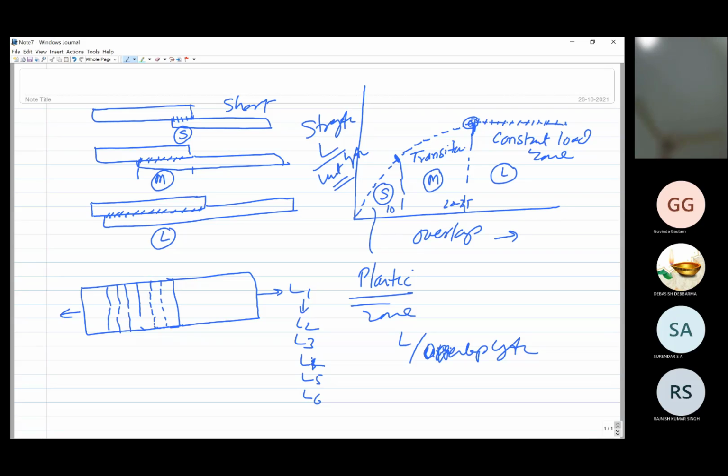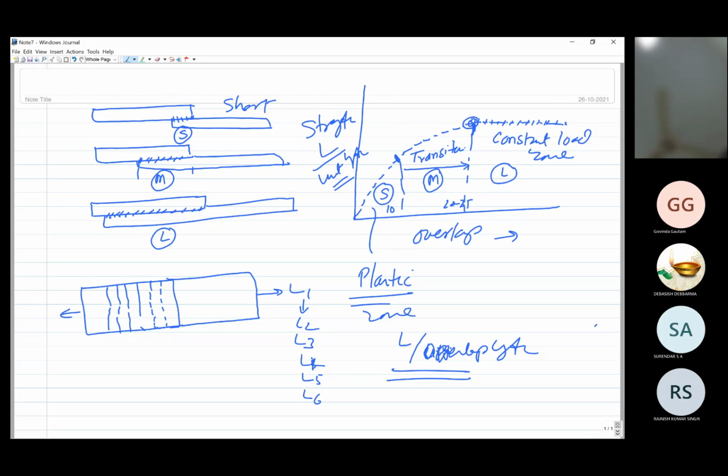It means you increase, and there is no further increase in the strength. Strength means the load divided by overlap length becomes constant. So it is preferred that the joint overlap length is given up to this transition stage, and thereafter it will reach the constant load zone.